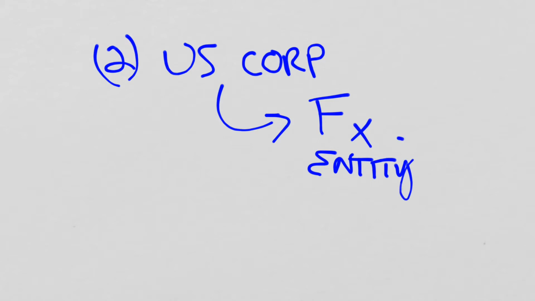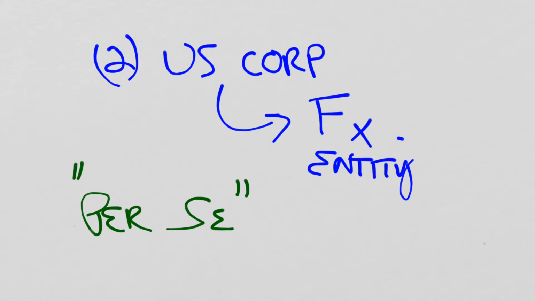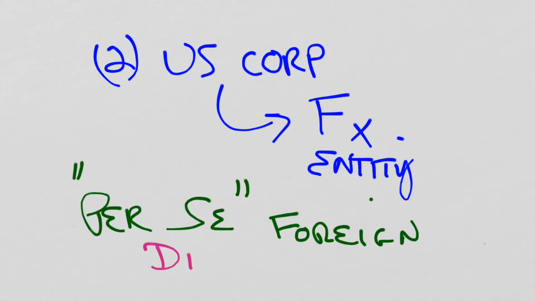If it is a per se corporation, meaning the regulations say it is considered a corporation, then it will be considered a foreign corporation. Any income or loss reported by this foreign corporation stays in that foreign corporation, and U.S. tax is not paid unless there are dividends paid to the U.S. parent.